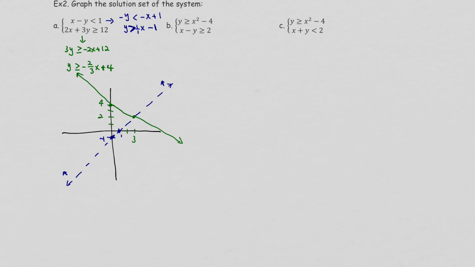And y has to be greater, so it will be this side. And this side means here, right? The overlapping of that and this is just going to be this area, right? So let me erase that and draw my solution. It will be only this area.